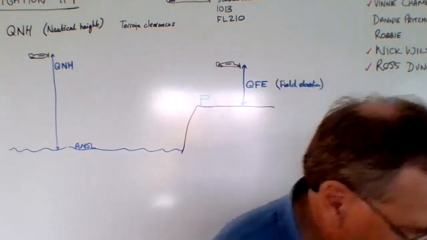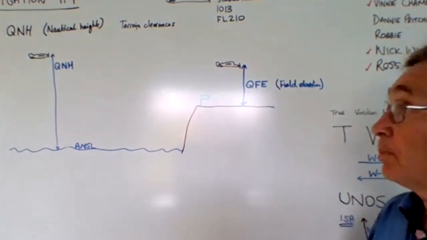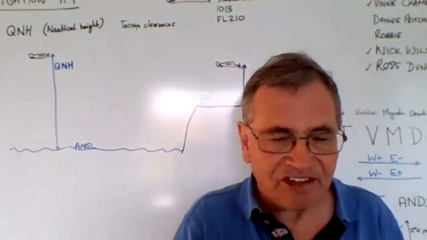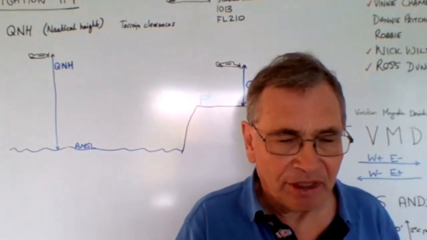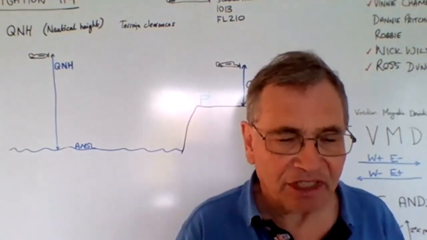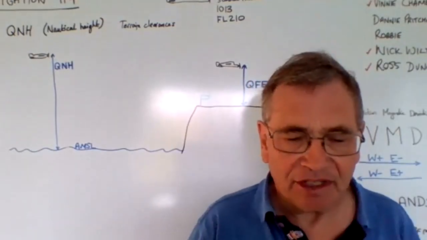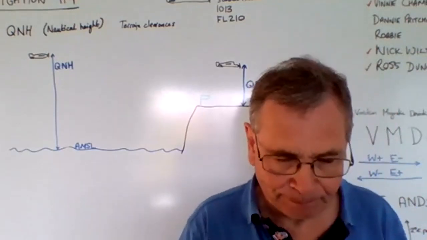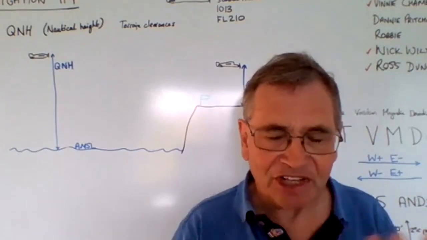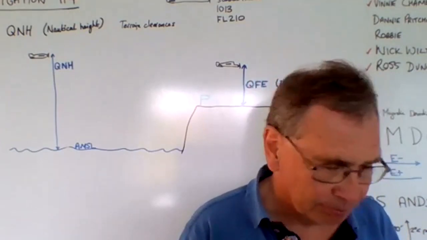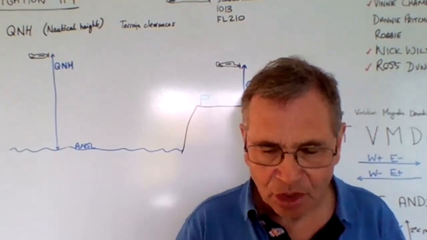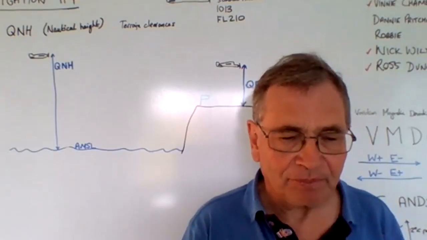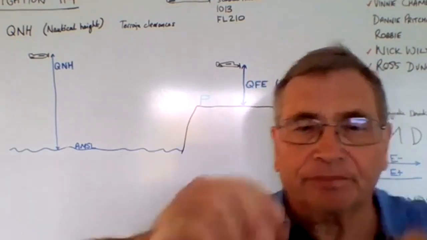So how does this affect us if we're flying from high to low pressure and low to high? I mean, Ross has already talked about the fact that we've got to have the right QNH value to give us the right type of terrain clearances.